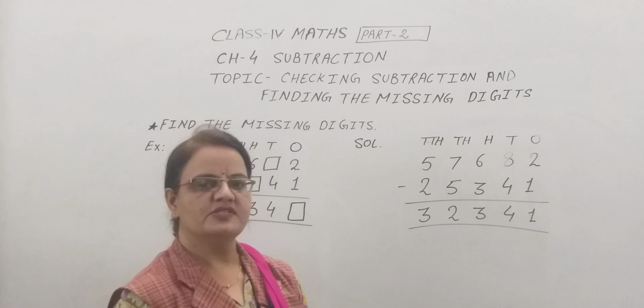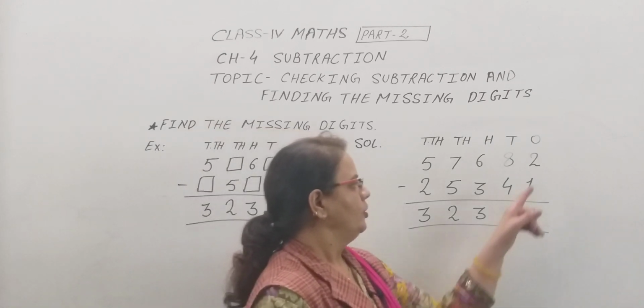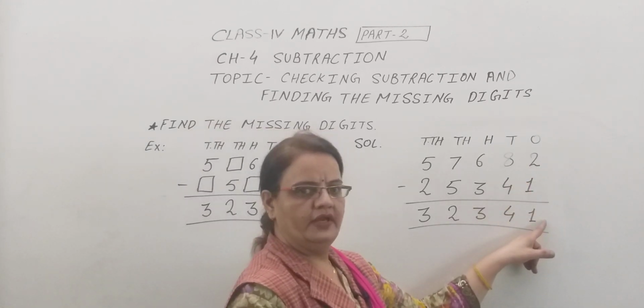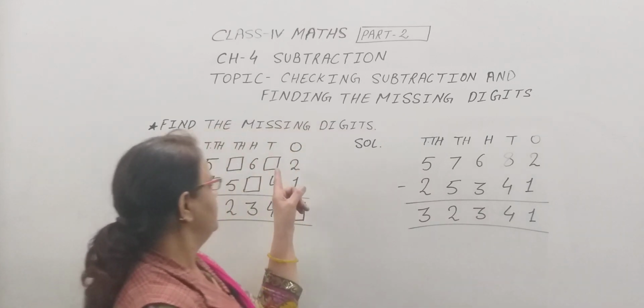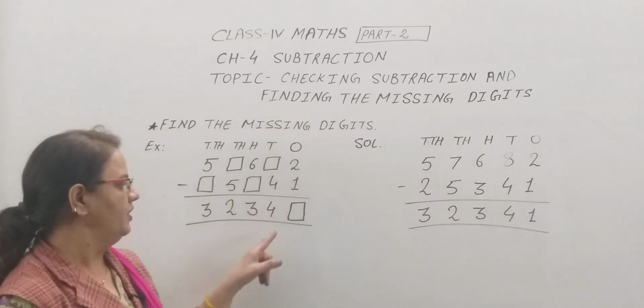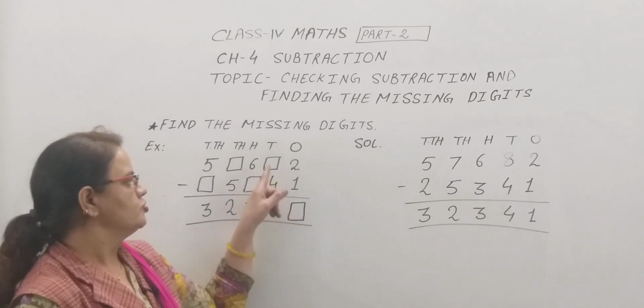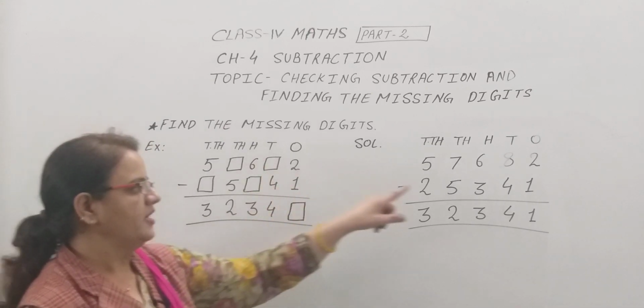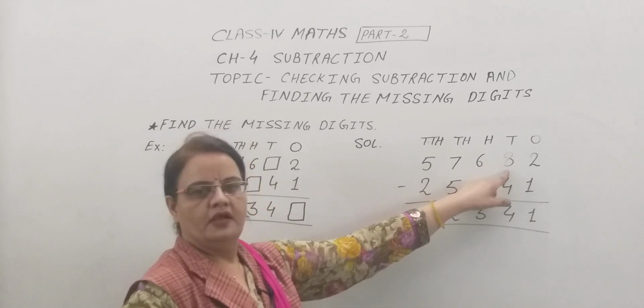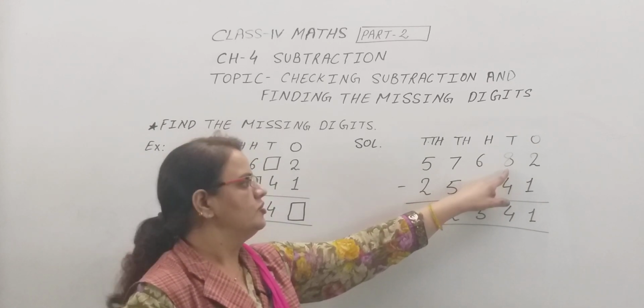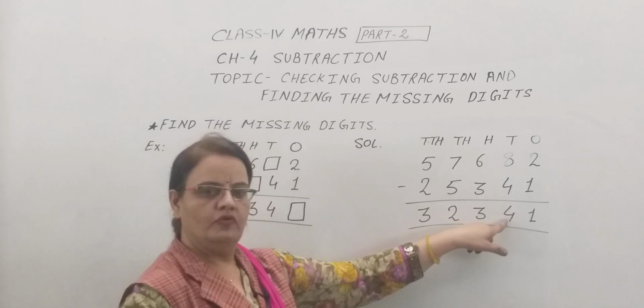So as you can see, 2 minus 1 equal to 1, and we will find the tens place missing number. So 4 plus 4 equal to 8. So we will write down the 8 here. 8 minus 4 equal to 4.